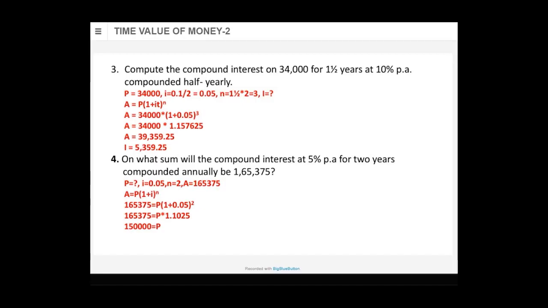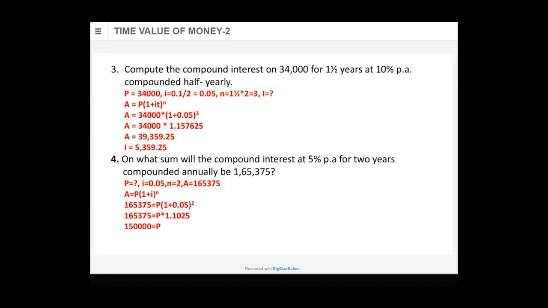On what sum will the compound interest at a rate of 5% per annum for 2 years compounded annually become 165,375?